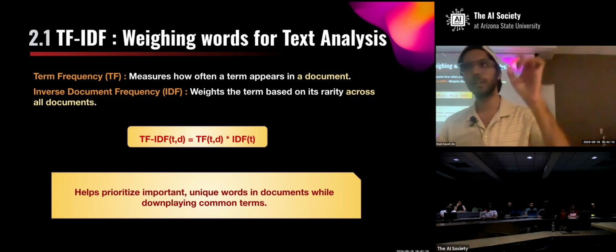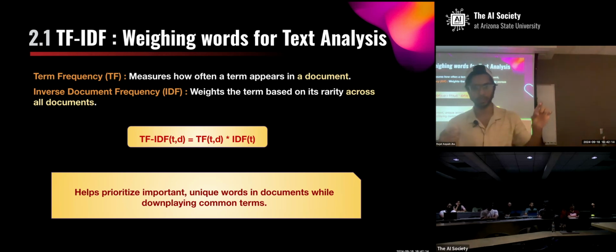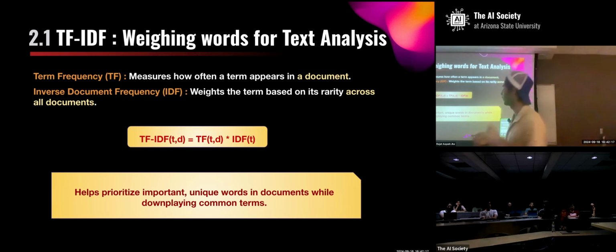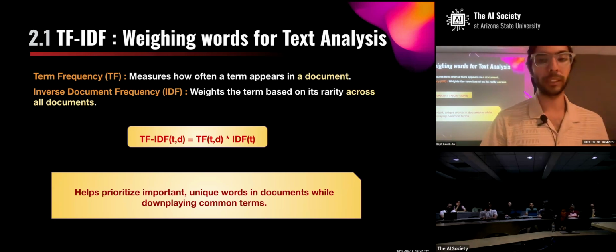In document one, a word, let's say NLP, is coming 10 times. That is the term frequency for that document and that term. So term frequency has two arguments, the term and the document: for that term in that document, what is the frequency of that term?